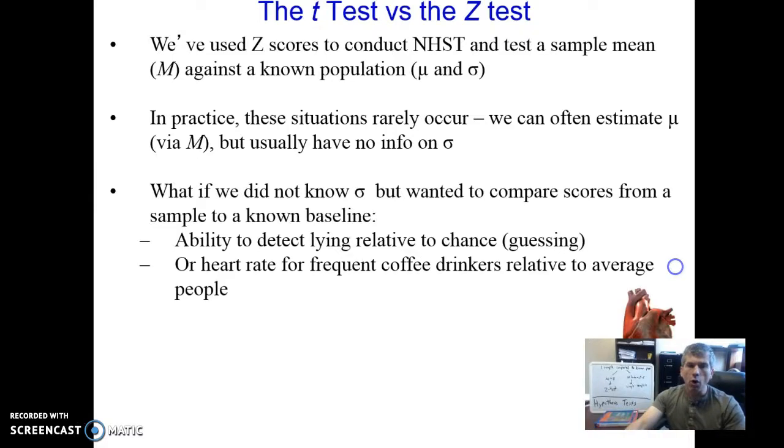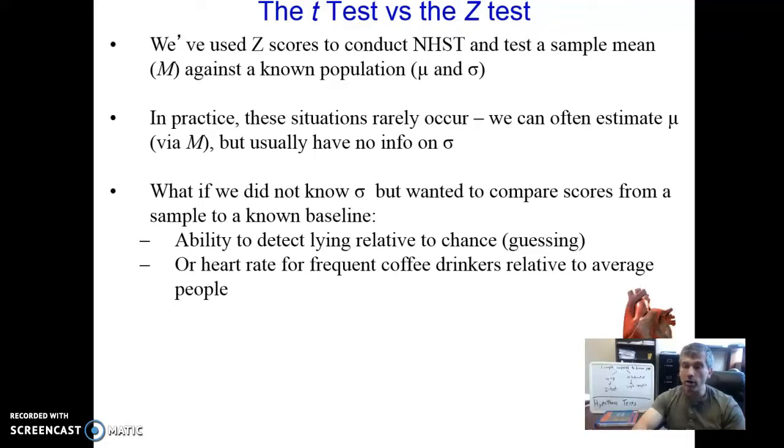Or let's say we want to measure the heart rate for frequent coffee drinkers. I'm a little jittery over here, so I can sympathize. So frequent coffee drinkers relative to average people. Let's say that we know the average heart rate for the population, for just people overall, but we don't know any information on how much variability that has.